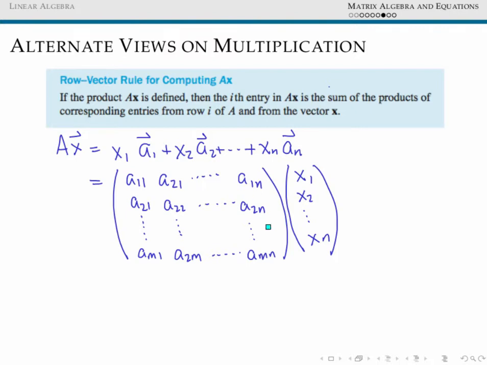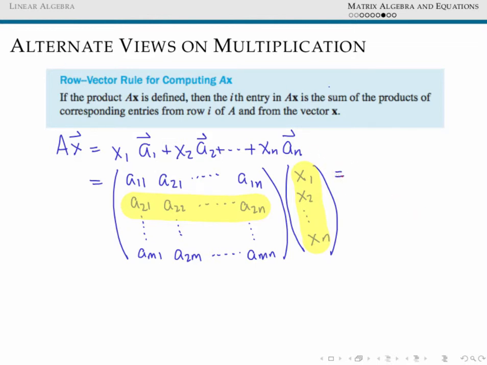So one way to envision multiplication of a matrix is choose any row in a matrix. And so I've chosen my second row here. And then consider your vector x as a column vector in its own right.